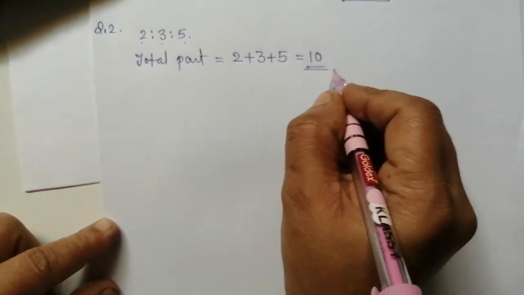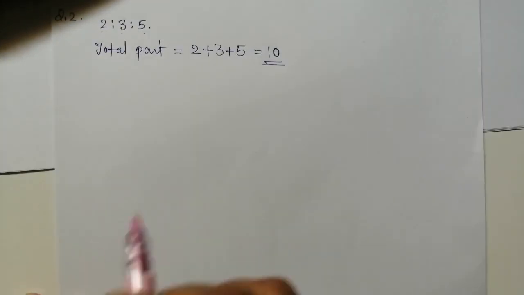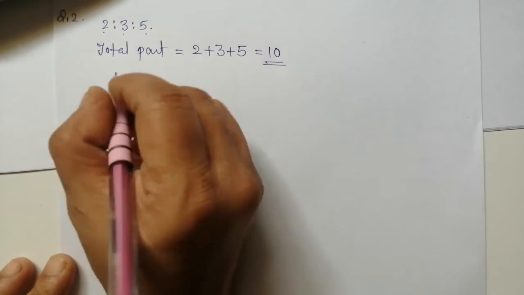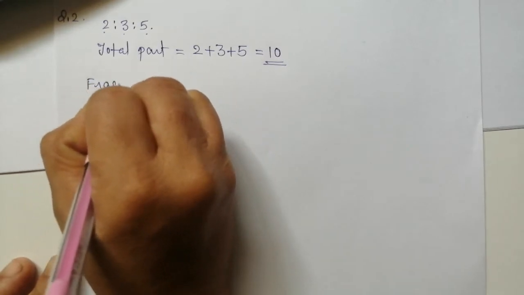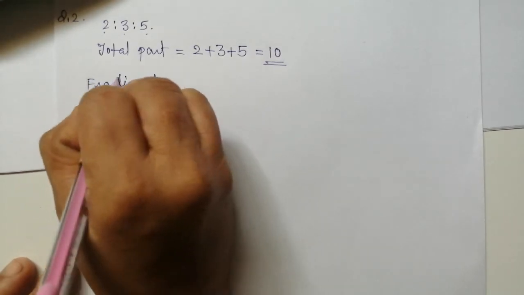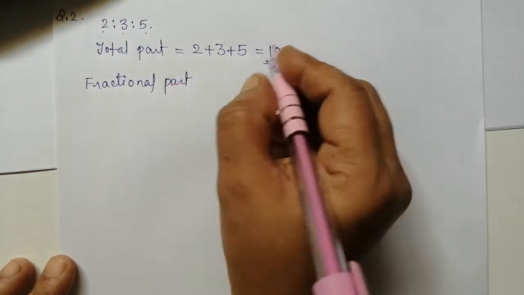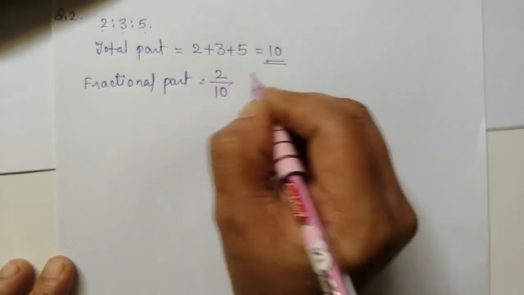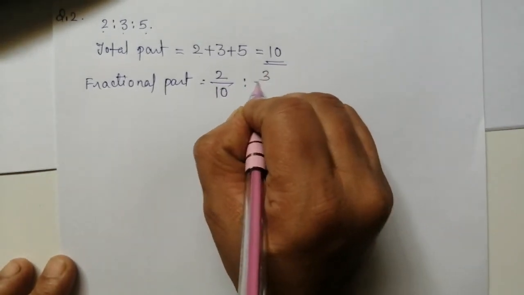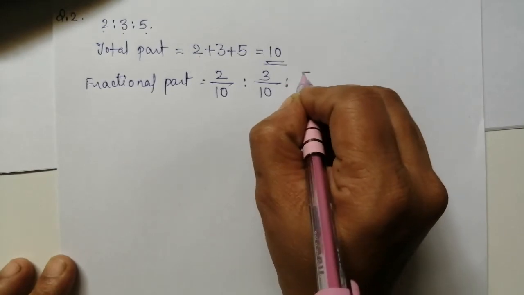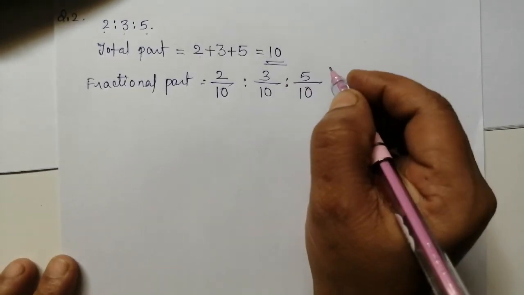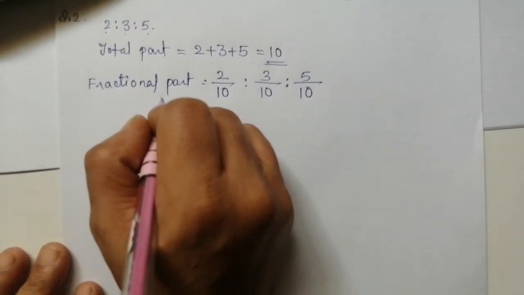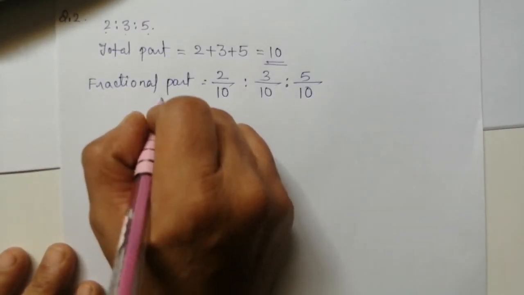Okay, now 2 is to 3 is to 5. If you have written this, then this is the total part. Now the fractional part. Here we will write the fractional part: 2 means from the 10, 2 taken, so 2 by 10, this is 3 by 10 and this is 5 by 10. This we have written in fractional form. Now it asks us to write the ratios in percentage form.